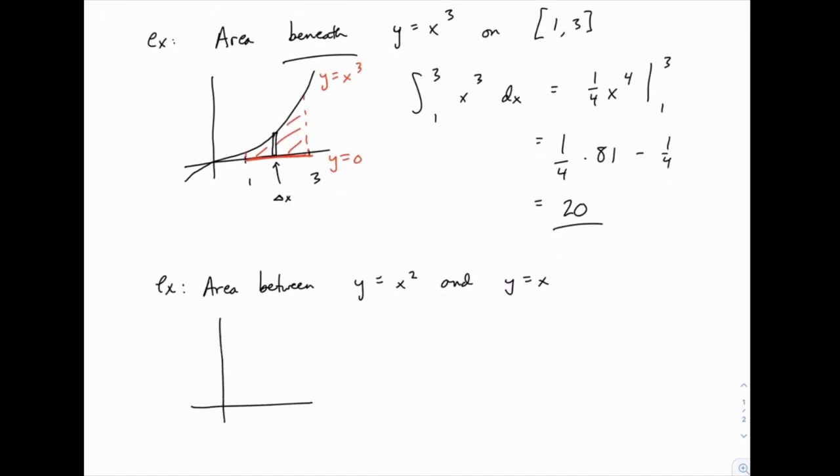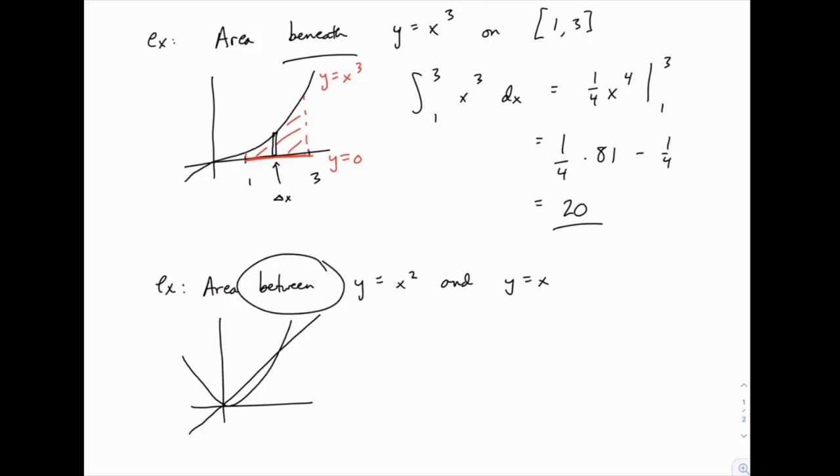If we draw y equals x squared, that would look something like this. It's a parabola. And then y equals x would look more or less like this. Now that we've drawn the picture, you should be able to interpret what we mean when we say the area between these curves, meaning the area fully bounded by them.